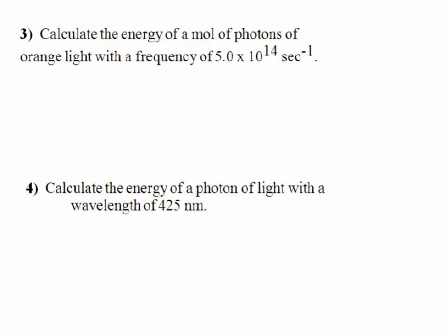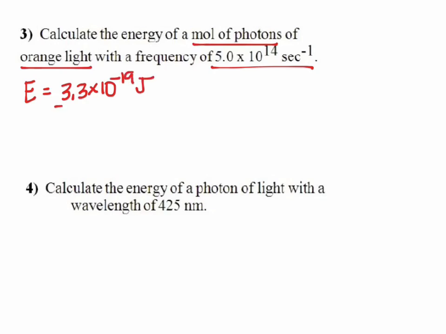Calculate the energy of a mole of photons of orange light with a frequency of 5.0 times 10 to the 14th per second. So we just figured out that the energy in the last problem was 3.3 times 10 to the negative 19th joules, and that is for one photon.